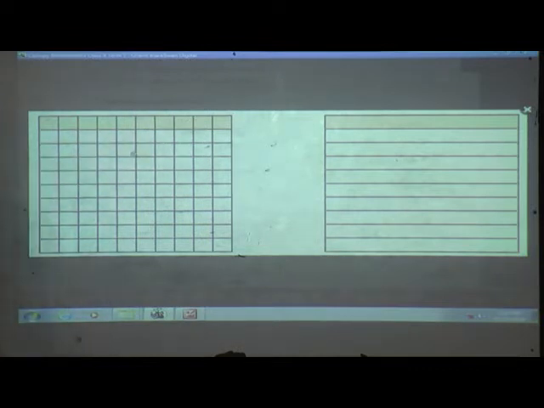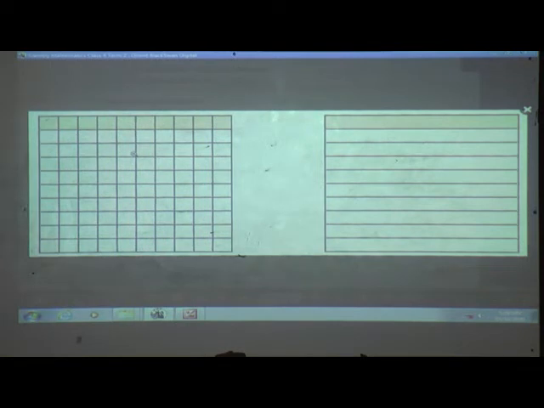In each row, in each column, 10 boxes are there. Means total how many boxes are there? 100. Isn't it?